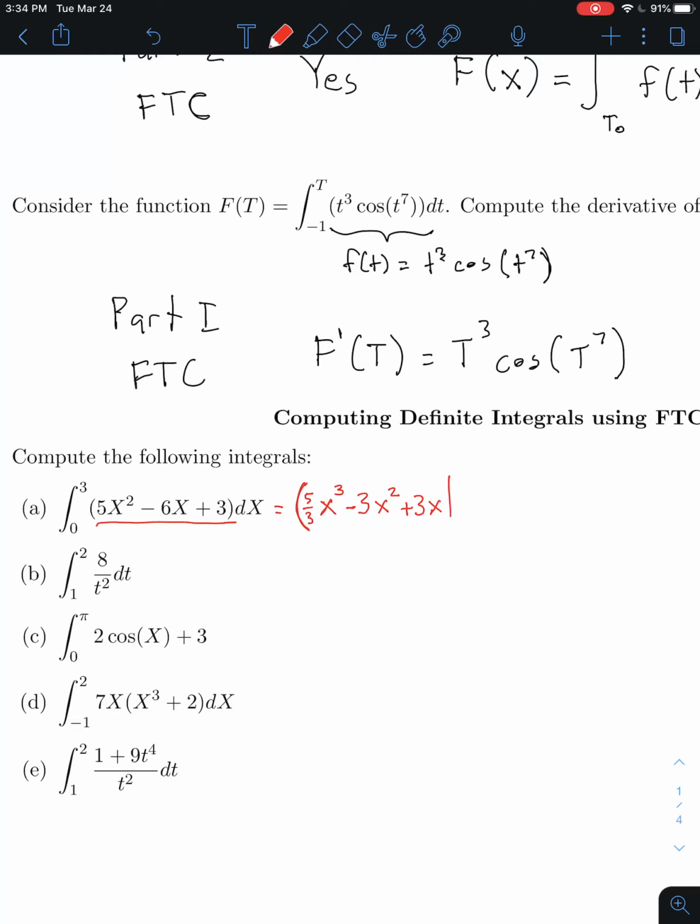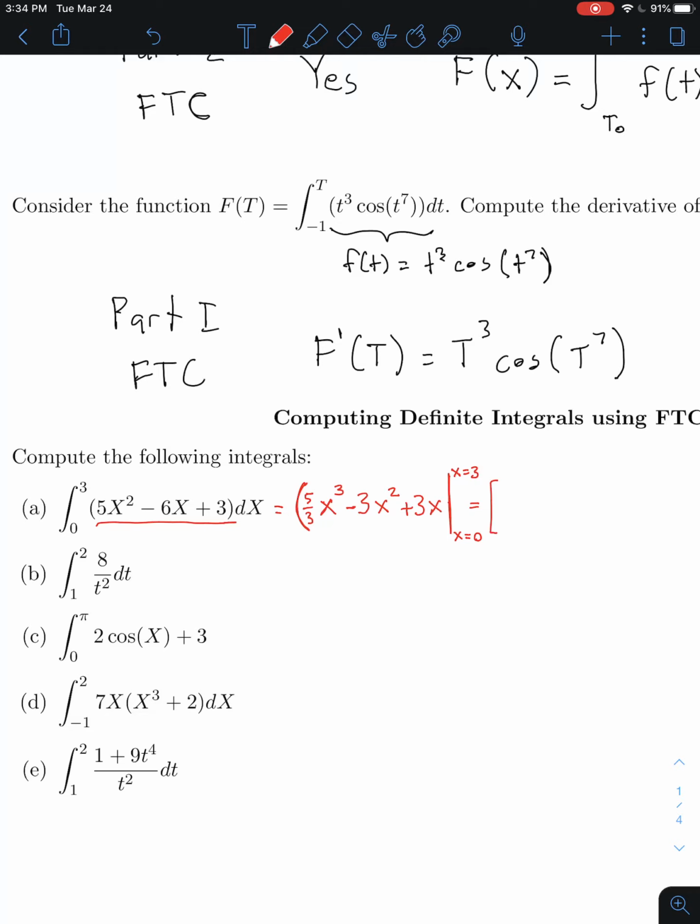And now we're going to introduce this notation, this vertical bar over here, and we're going to put our endpoints of the integral, so 0 and 3, over here. And this notation tells us to plug in 3 into this function we just found, plug in 0, and then subtract them. So we'll do that now.